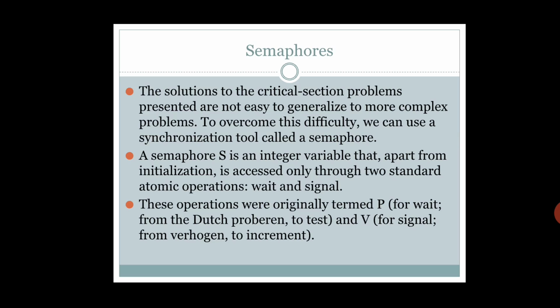So you have one more concept called semaphores, just to deal with the critical section problem. To overcome this difficulty, we can use a synchronization tool called semaphores. Semaphores are nothing but synchronization tools. A semaphore S is an integer variable that, apart from initialization, is accessed only through two standard atomic operations, wait and signal.